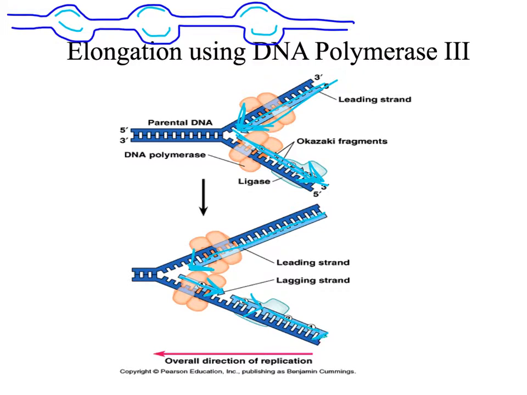Is this one traveling from the left to the right? No, from right to left. This one travels right to left, and this one left to right. So what you have is called a leading strand and a lagging strand, and those are important terms.